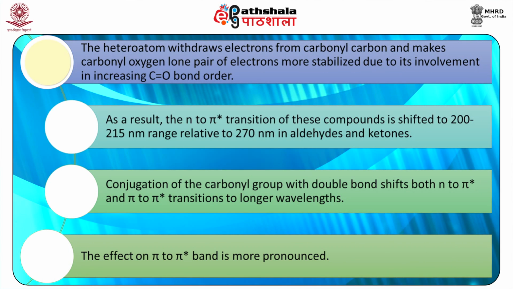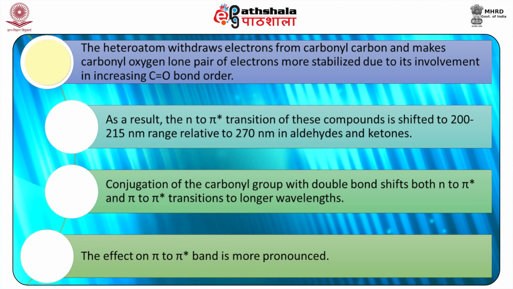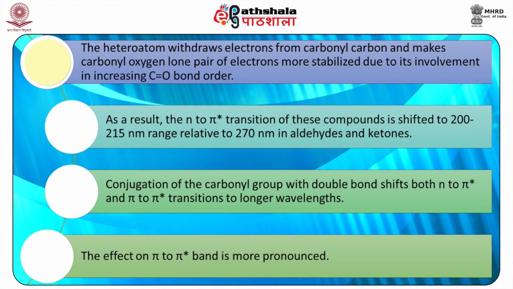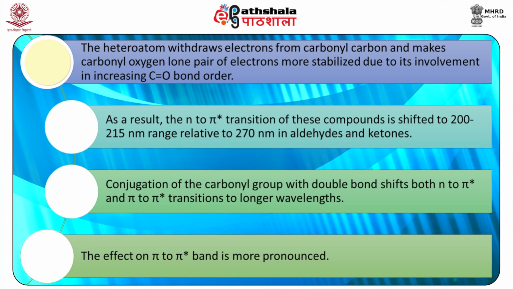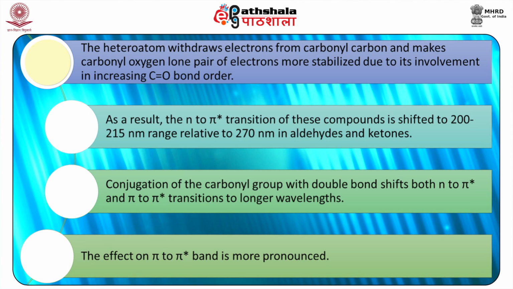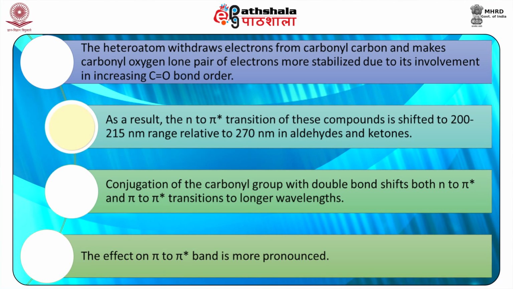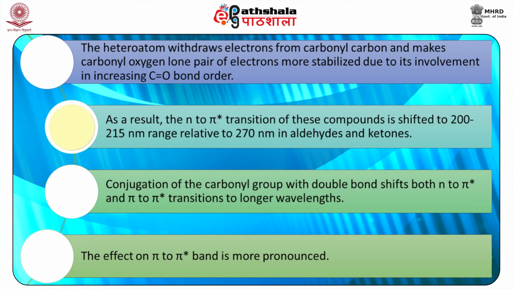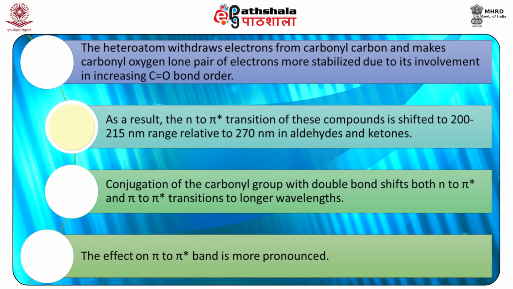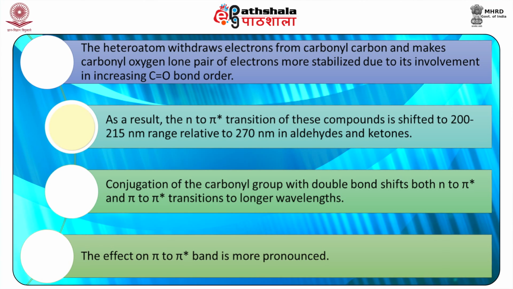The heteroatom withdraws electrons from the carbonyl group and makes the carbonyl oxygen lone pairs of electrons more stabilized due to its involvement in increasing the C double bond O bond order. As a result, the n to pi star transition of these compounds is shifted to the 200 to 215 nanometer range relative to 270 nanometers in aldehydes and ketones.